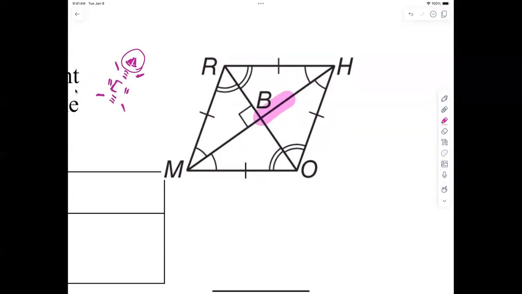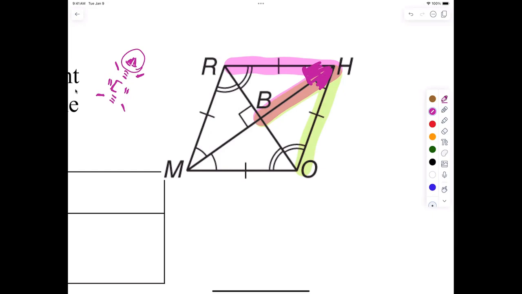Why is this angle right here equal to this angle right here? Because the top triangle and the right triangle are congruent to each other. So that means that this angle here is congruent to this angle here, correct? That's what that means.